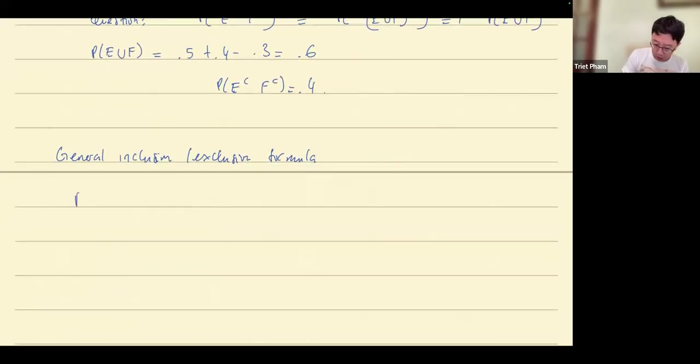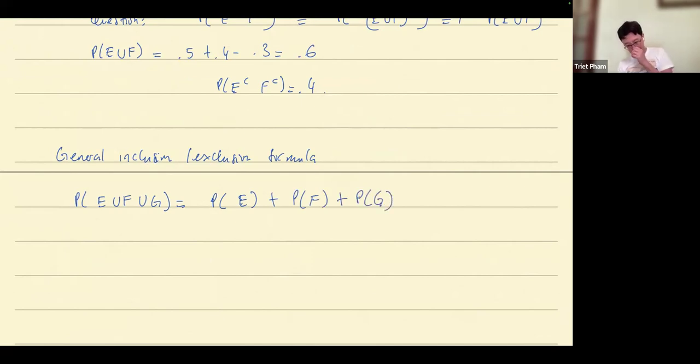What do you think if I want to union 3 events up? How will I do it? If I add this up like that, is it correct? In general.